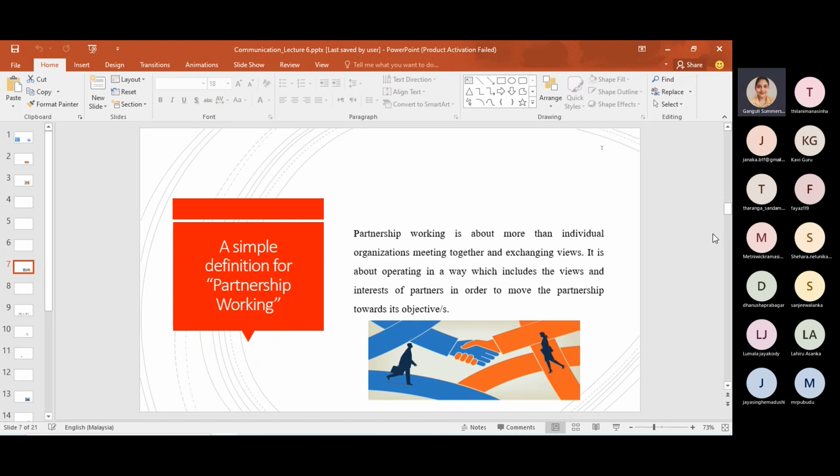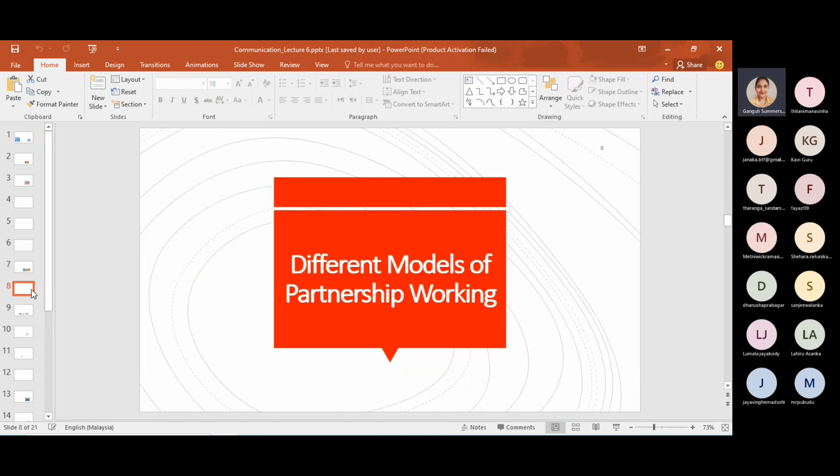They do not run behind their individual separate objectives. Instead, they work towards a common objective. So this is what happens in partnership working. Now we will talk about different models of partnership working.